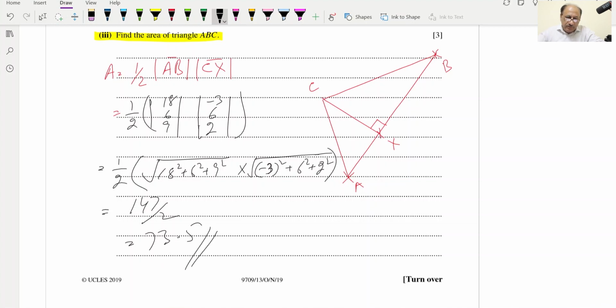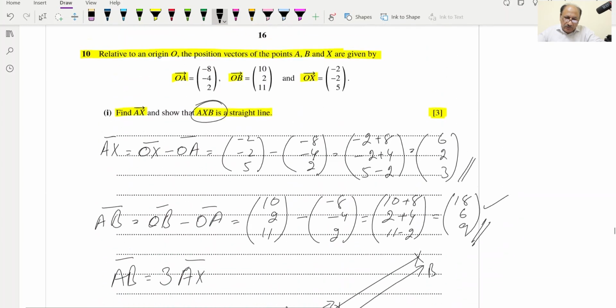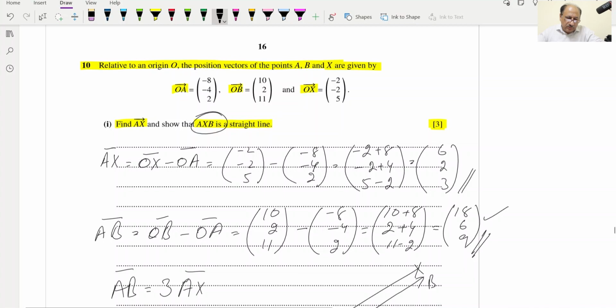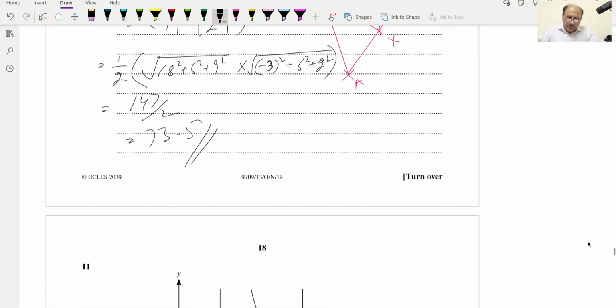This will be in square units. We don't know whether the length is in centimeters or what, so since this is area, we can write square units, whatever units it will be.